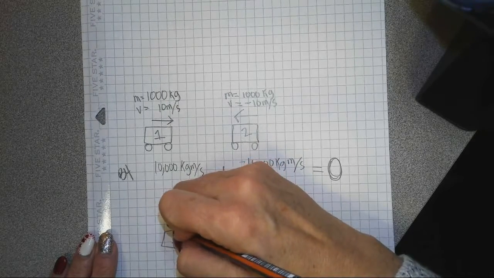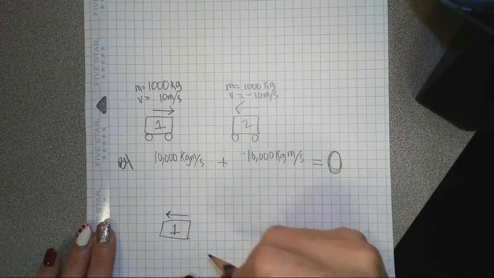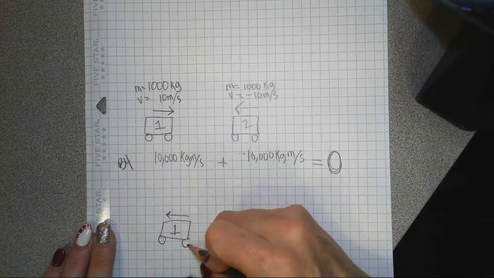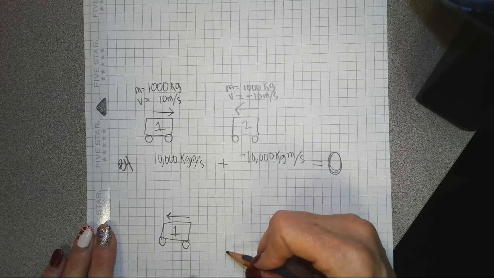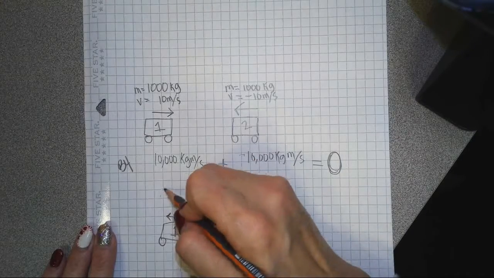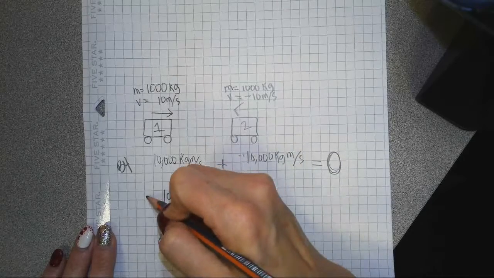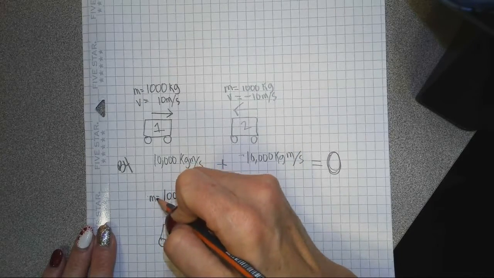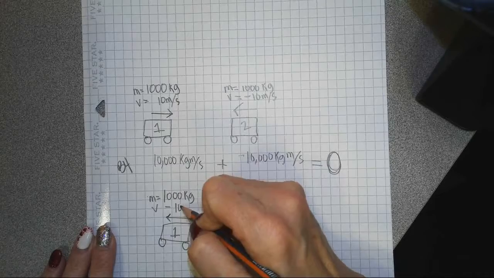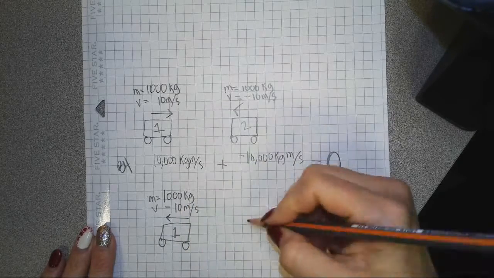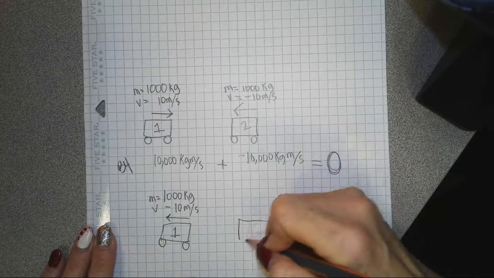Car 1 is now traveling in the opposite direction that it was a minute ago. Its mass is not changing, but it is now traveling at negative 10 meters per second. Car 2 does exactly the same thing.